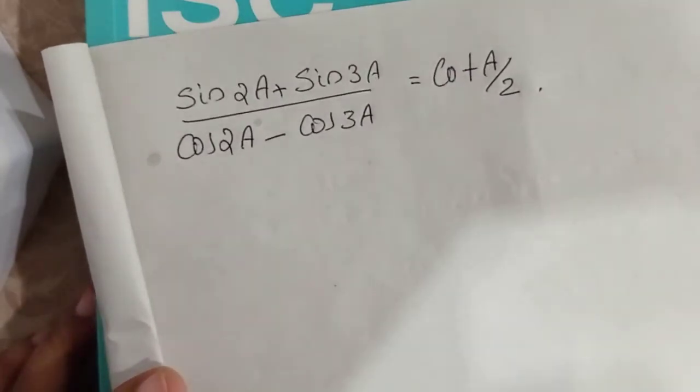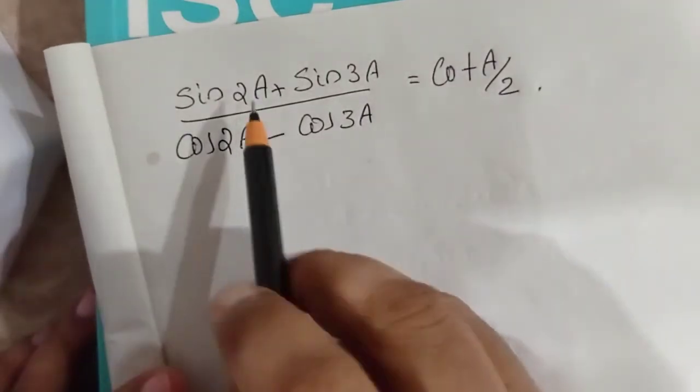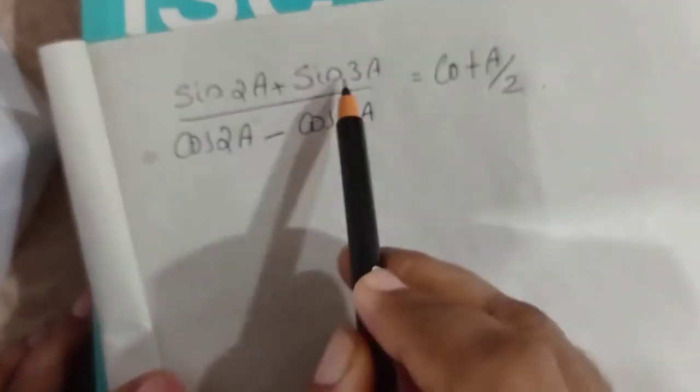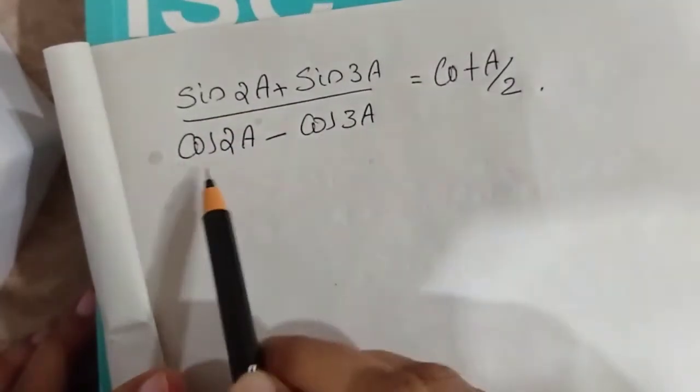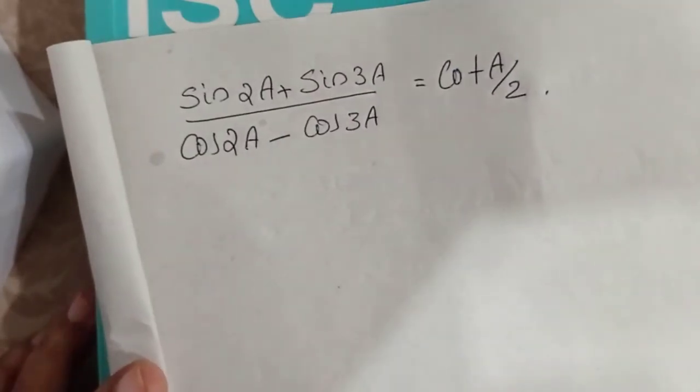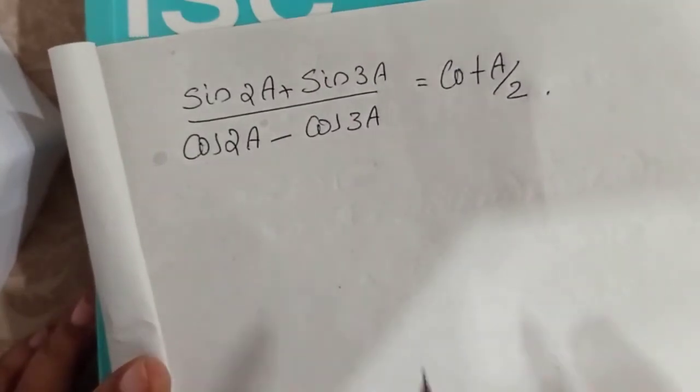The first step itself, all of you go through the question. In the numerator, both the terms are sin, and in the denominator, both the terms are cos. Now apply the formula.